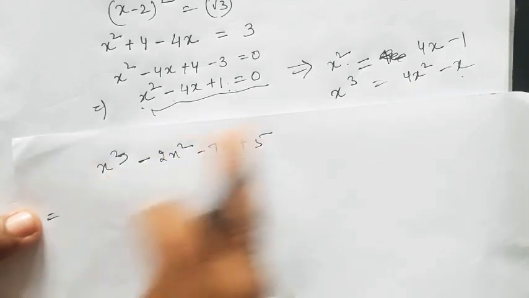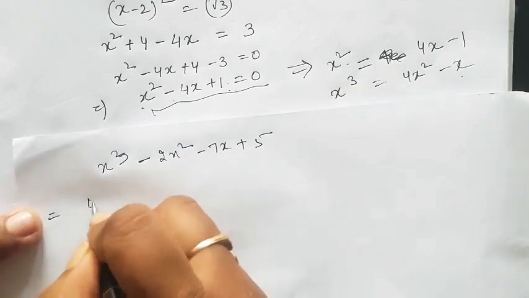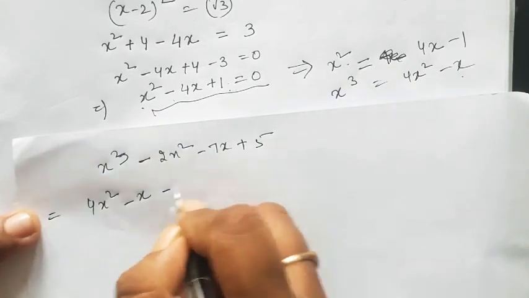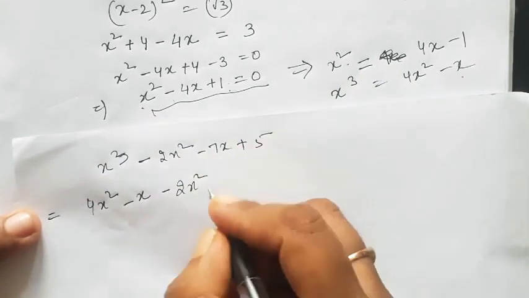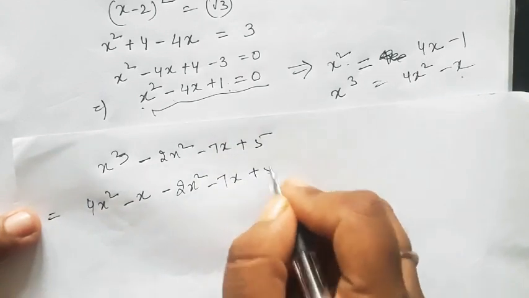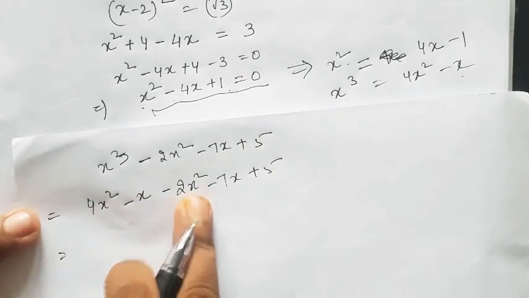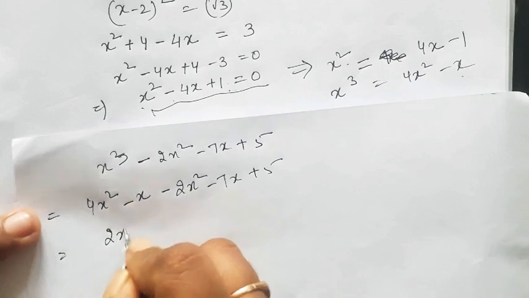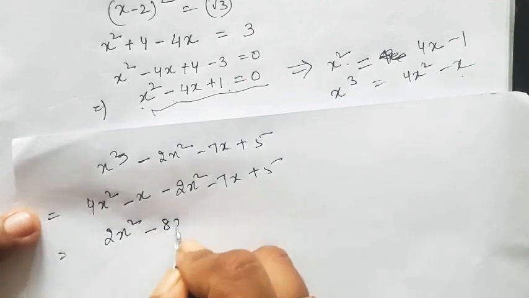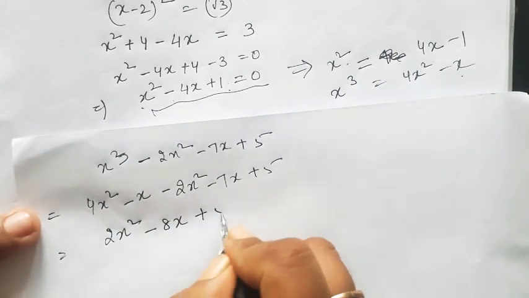Just substitute the value of x cube that you found here. It is 4x square minus x minus 2x square, and these terms remain as they are, right? So 4x square minus 2x square is 2x square, and it is 8x, sorry, 8x plus 5.